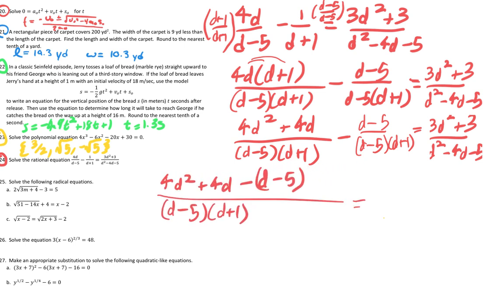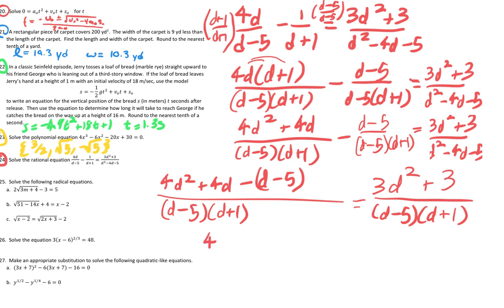and that is equal to 3d squared plus 3 over, I'm going to factor out that d squared minus 4d minus 5, and that gives us d minus 5 times d plus 1. Okay? So now what we're going to do is combine our numerator on the left side.